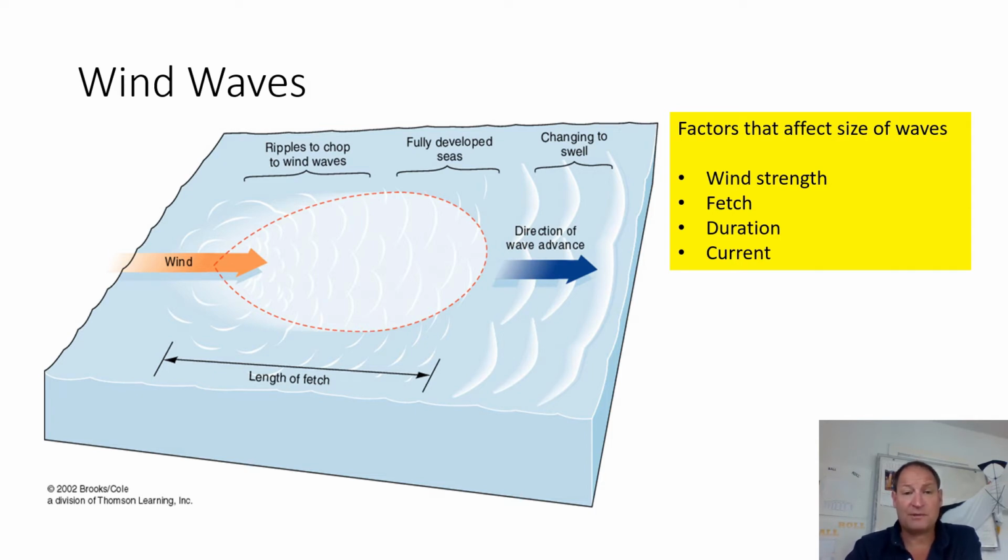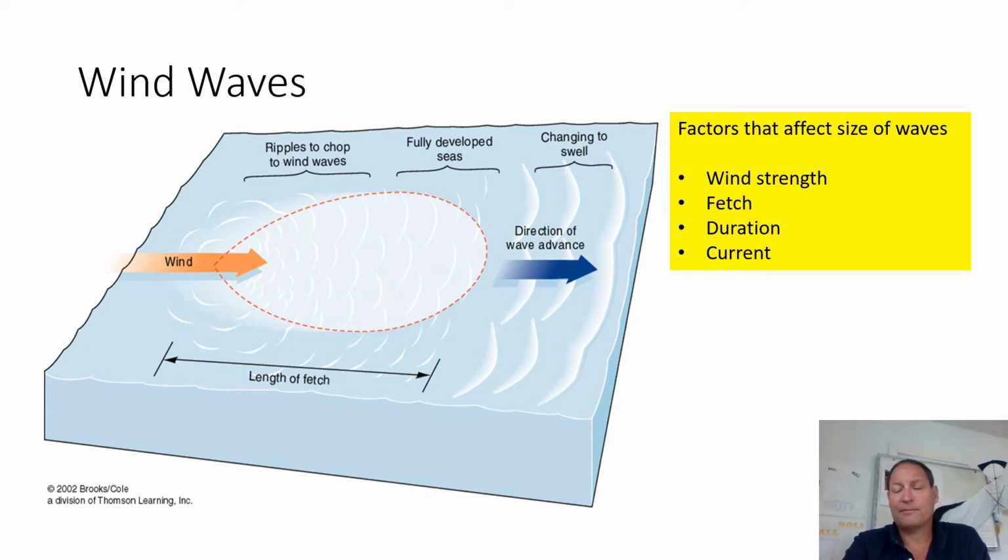Remember, the energy of the wave is proportional to the square of the height of the wave. So the more energy is being pushed into the wave by the wind, the more energy is going to be transferred by the wave.